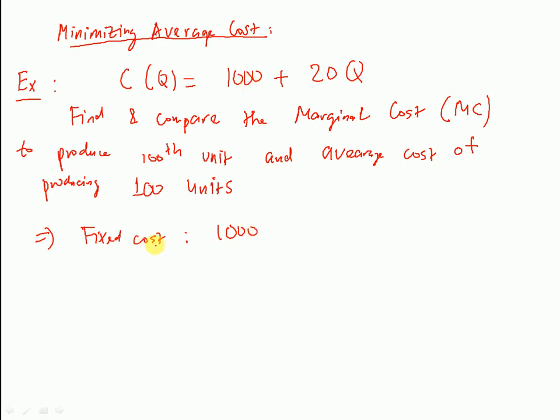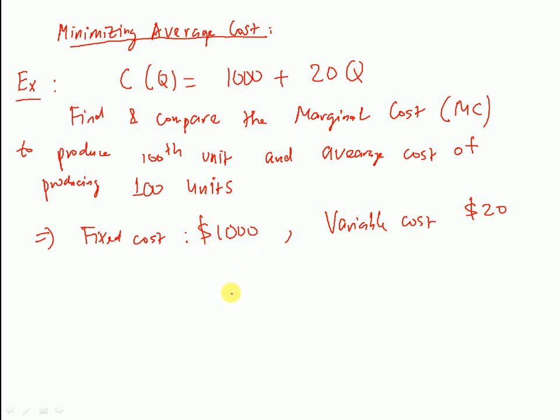This is the fixed cost, maybe for renting or buying the machinery or hiring the employees. So the variable cost is 20. So each item is $20 more. So the variable cost should be 20, and the fixed cost is 1000.